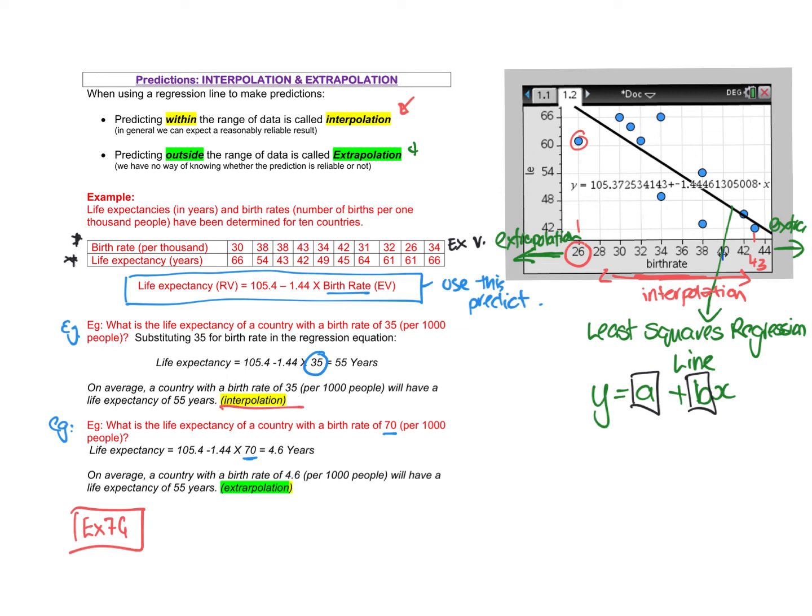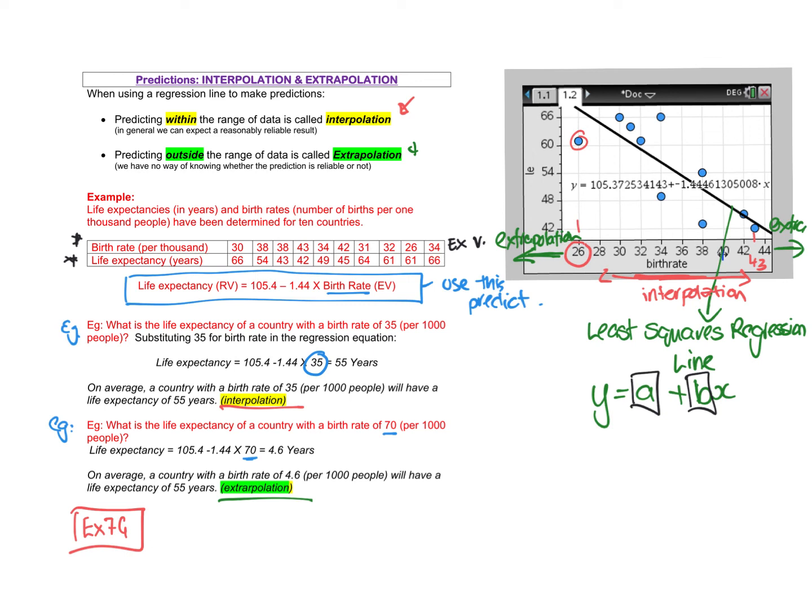When we predicted 70, what was that one? Extrapolation. That makes sense too, because things could change dramatically after our last data point. Do we really think a country would have a life expectancy of 4.6 years? No, it wouldn't be surviving. So something outside those values might change completely. That's why we need to let people know whether it's extrapolation or interpolation.